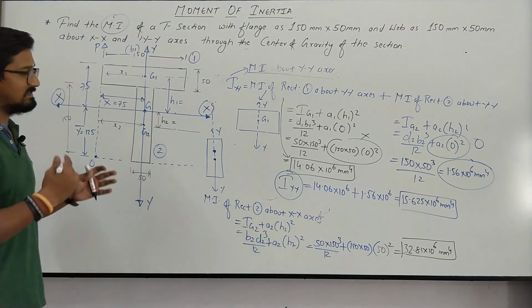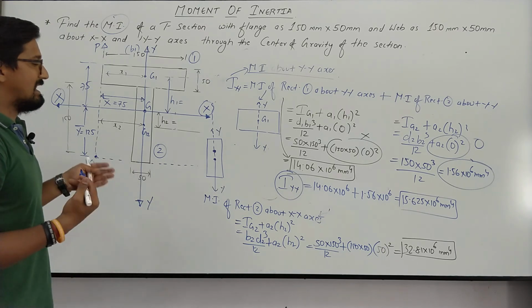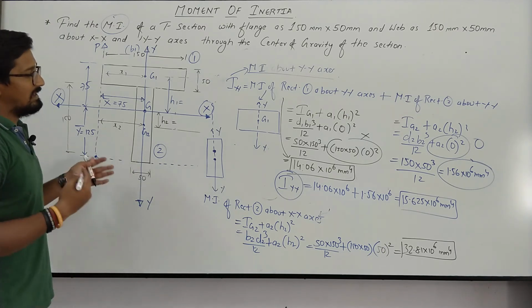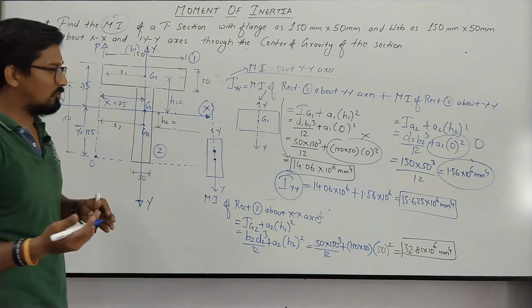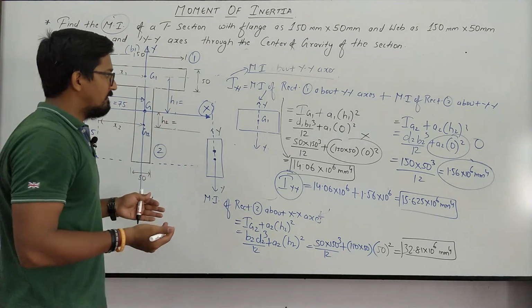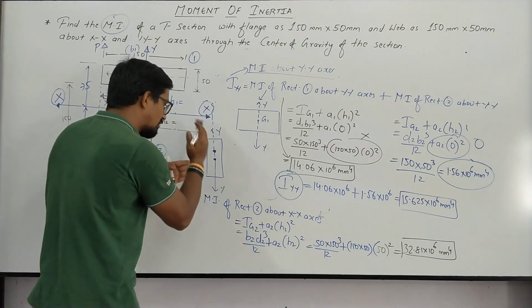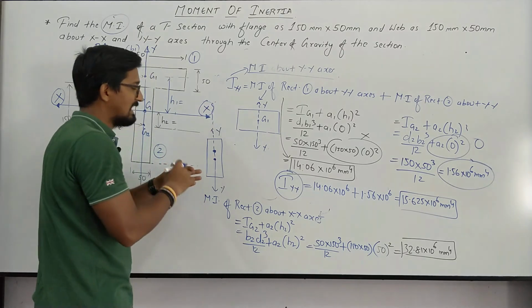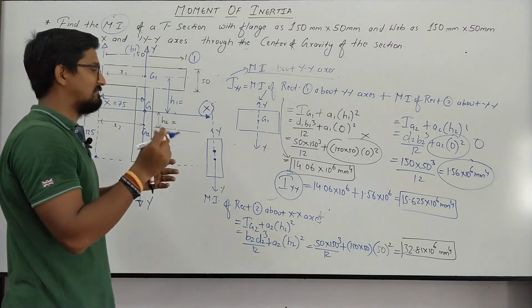So the major thing in this problem was knowing the parallel axis theorem, correct? Parallel axis theorem was applied in this problem. Similarly, in the next video I will solve a problem where the yy axis of the rectangle is not coinciding with the yy axis. I will take a figure which is non-symmetrical about the xx as well as the yy axis.